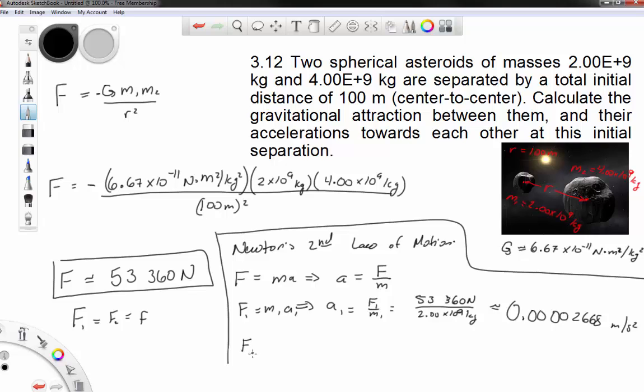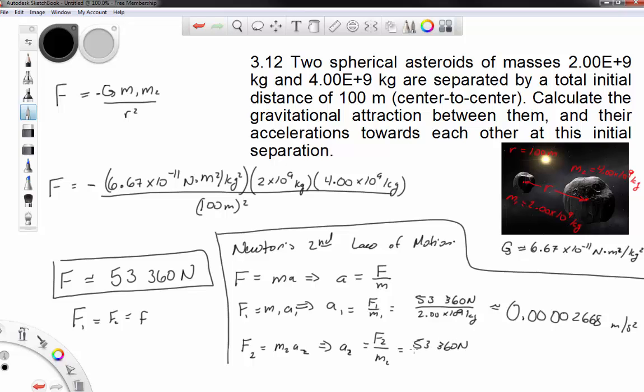For the larger one, we end up using F2 equals M2A2. And so what that means is that the acceleration should be given by F2, the force between the two of them, divided by the mass of this larger one.